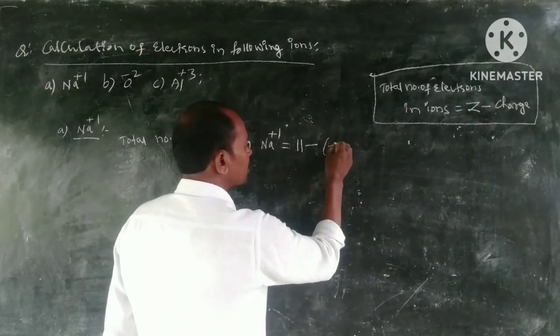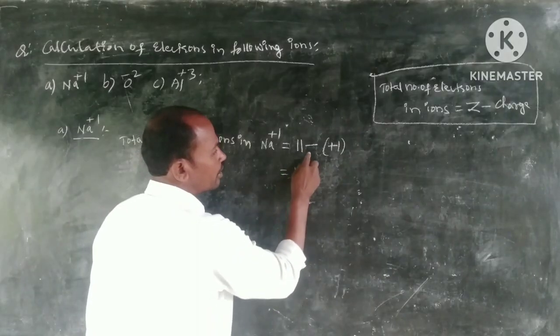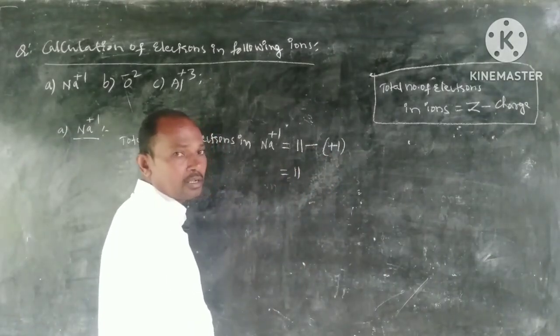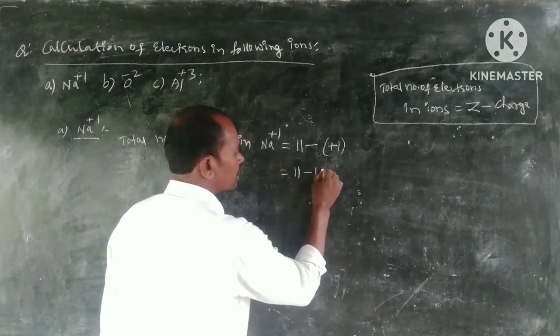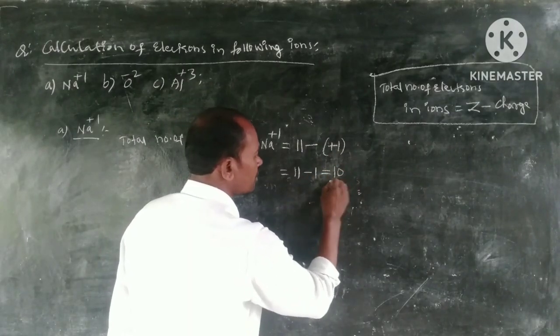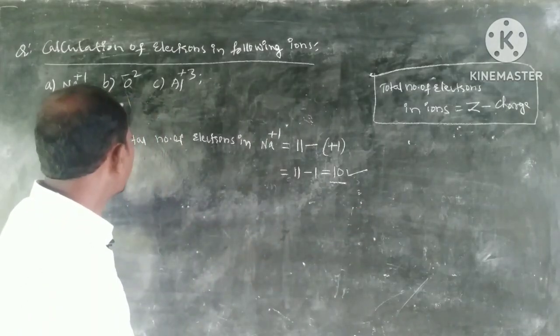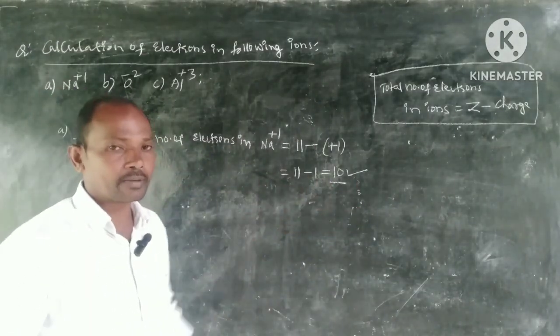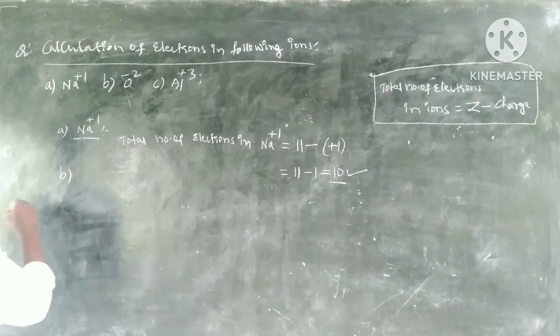So 11 minus 1 is equal to 10. Total number of electrons present in Na plus 1 is 10.